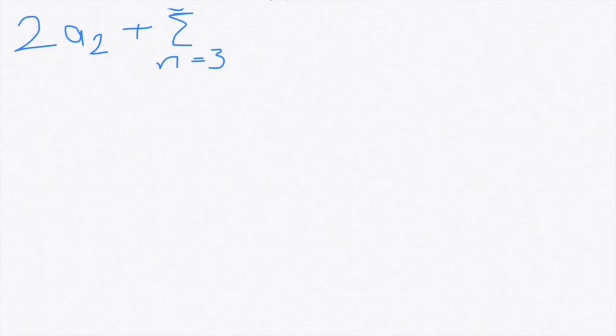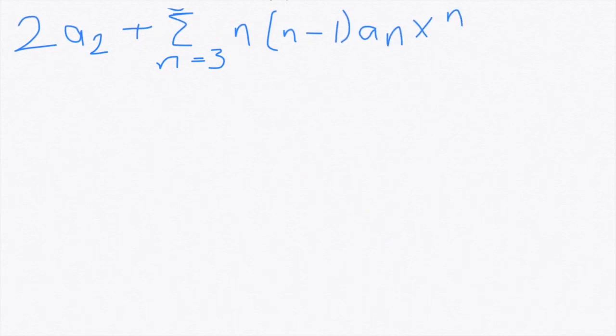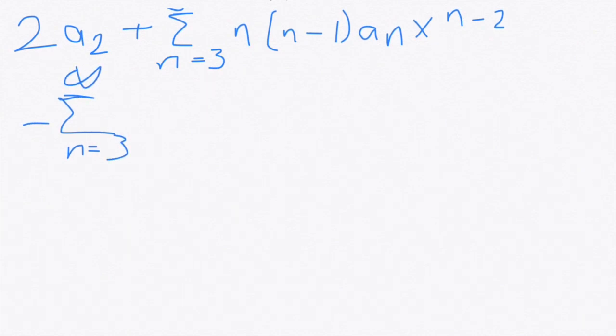N equals 3 to infinity of n minus 1, a of n, x to the n minus 2, minus the sum from 3 to infinity, a of n minus 3, x to the n minus 2. This is an x.